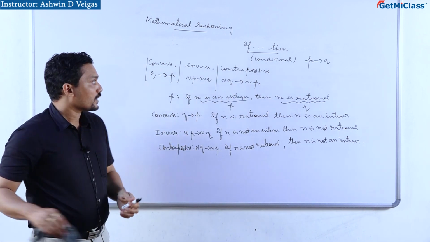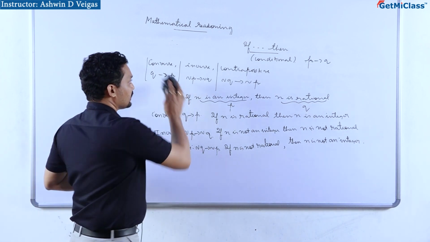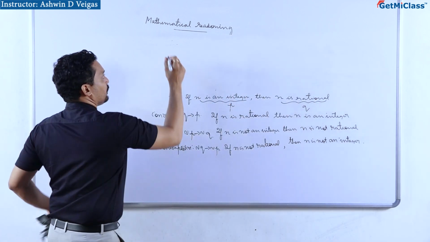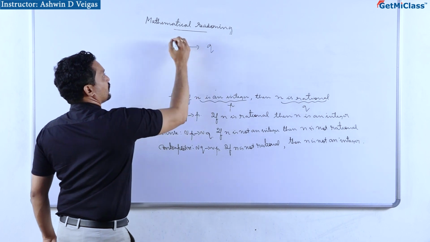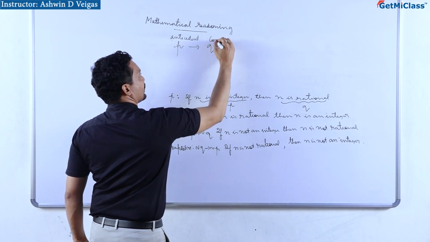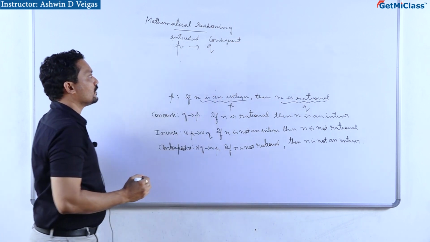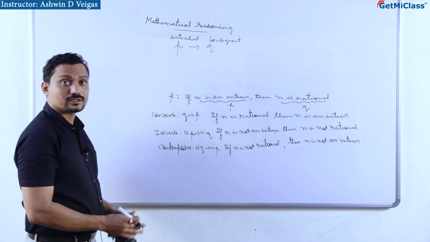Now, another very important property of a conditional, P then Q. In P then Q, this is also called the antecedent, and this is also called the consequent. These are some of the words that you have to know. The first one is called the antecedent, the second one is called the consequent.